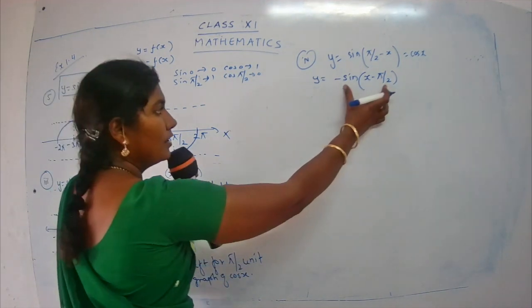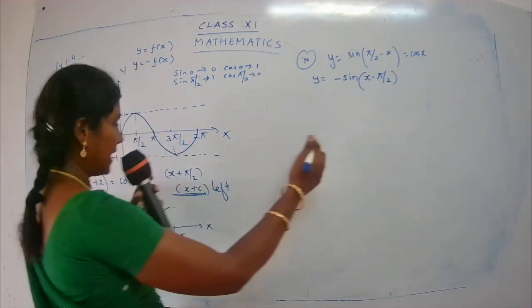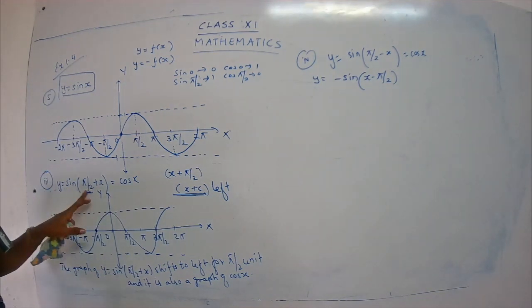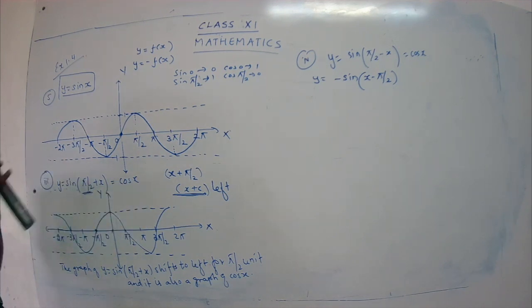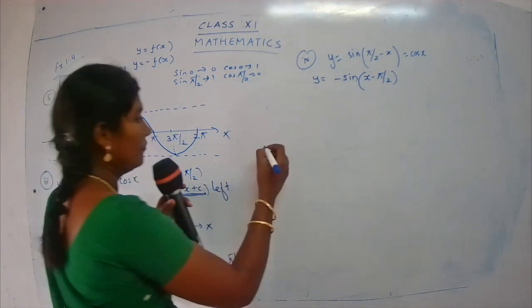Okay, so now let me plot the graph. So I am going to plot a graph for x minus pi by 2 first. Here already we have plotted for pi by 2 plus x, children. So pi by 2 plus x means it is going to shift to the left. Minus pi by 2 means it will shift to the right side. Okay, let's do it.